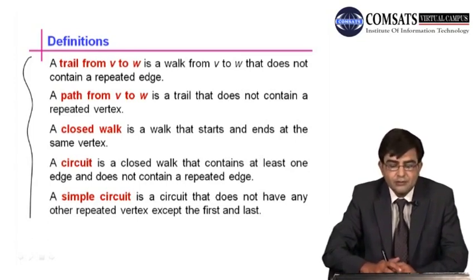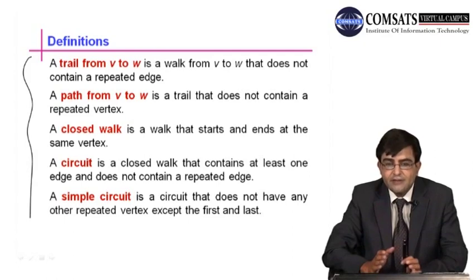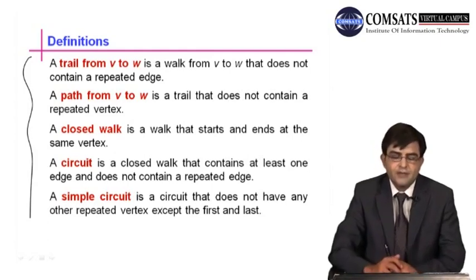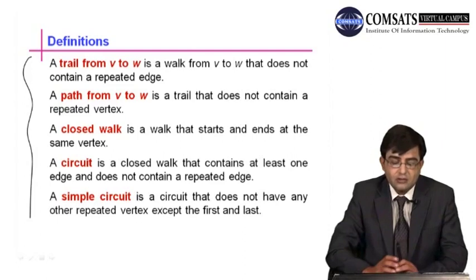A trial from V to W is a walk from V to W that doesn't contain a repeated edge. That is, if in a walk edges are not repeated, that is, every edge is used or written exactly once, then this walk will be called a trial from V to W. Here in this definition they do not specify anything about the vertices, so vertices may be repeated, may not be repeated.